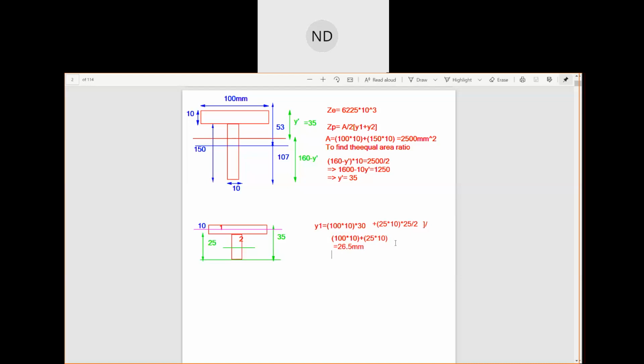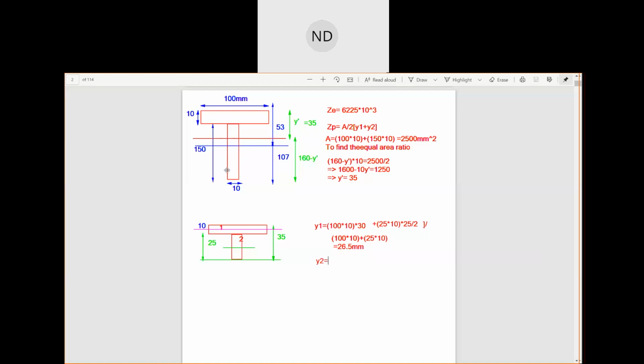Okay. So similarly we have calculated y1. Now we can calculate our y2. Y2 is how much? Y2 is this portion below this equal area axis, this is our y2.